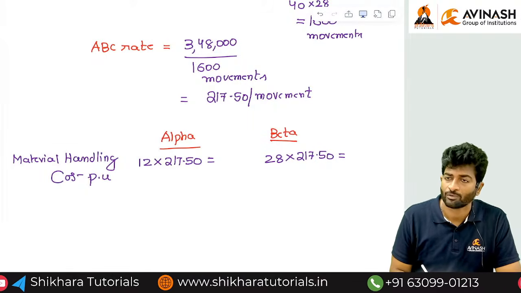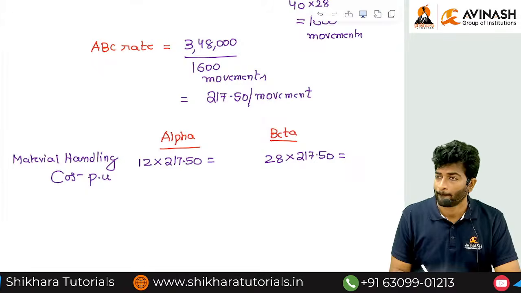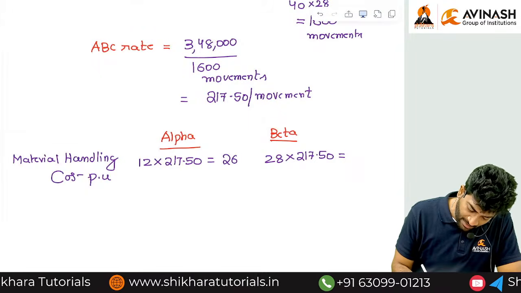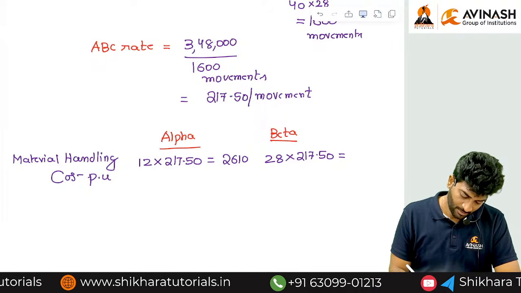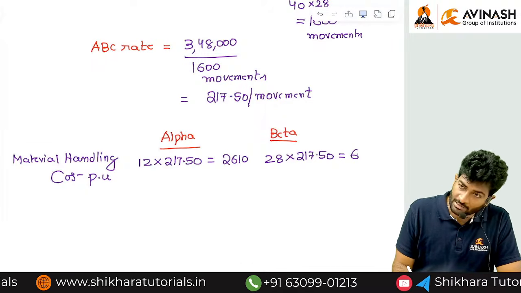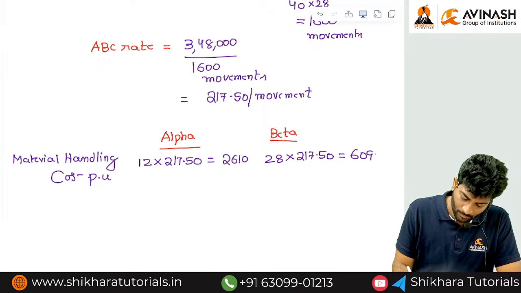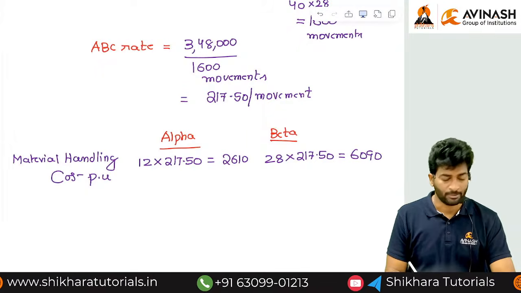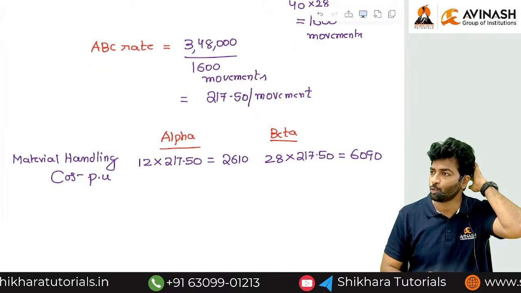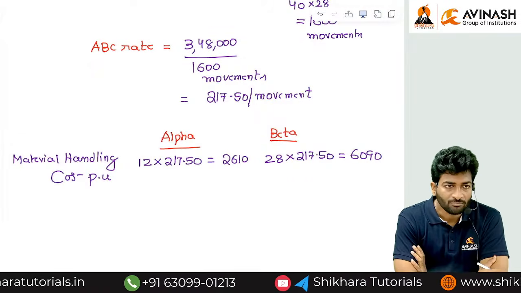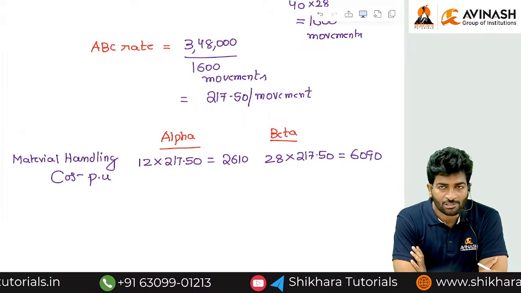First one, 2610. Other one, 6090. Clear? Material handling cost for 1 unit.